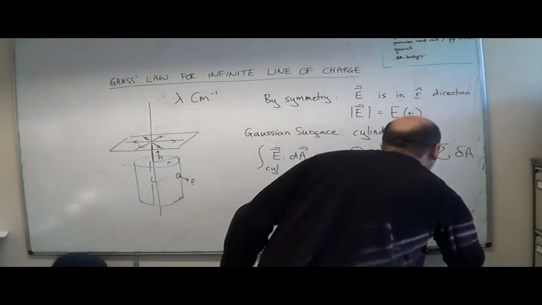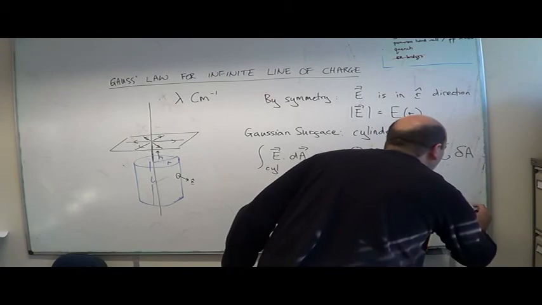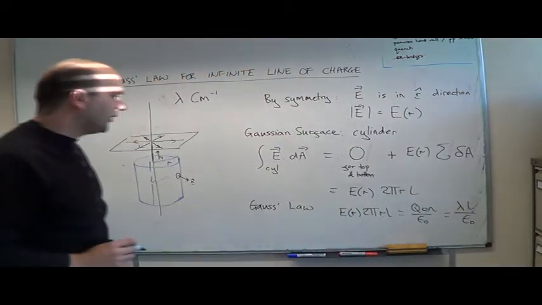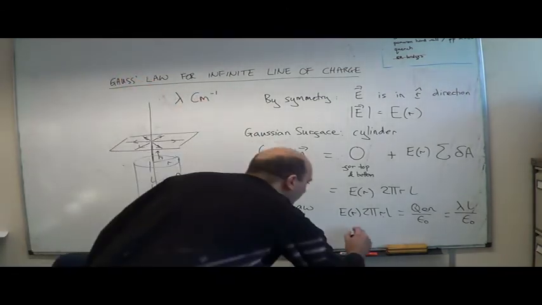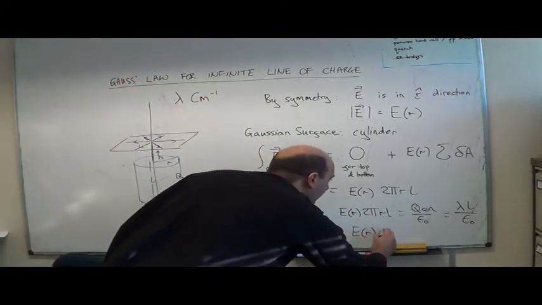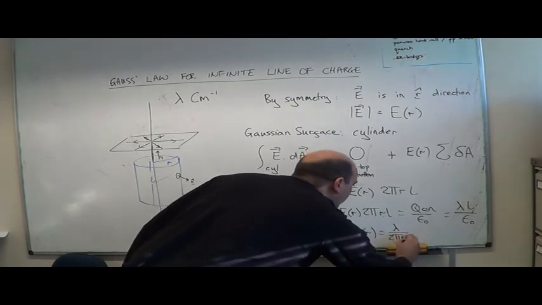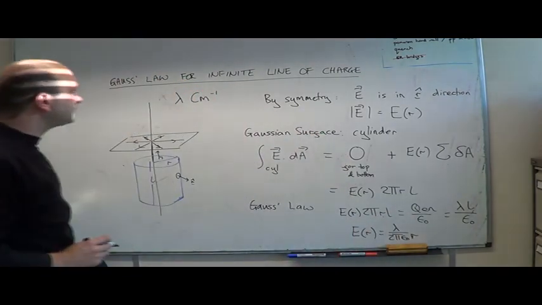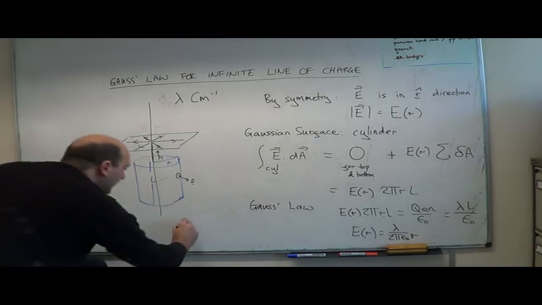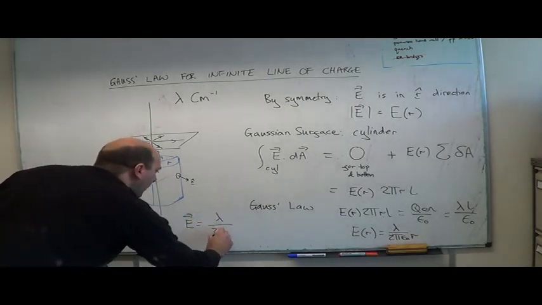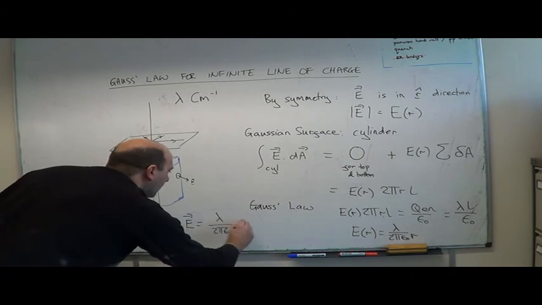So that's going to be given by lambda, the number of coulombs per metre, times the length. And then we divide by epsilon 0. And so we learn that E of r is lambda over 2 pi epsilon naught r. That is to say that the electric field is given by lambda over 2 pi epsilon naught r hat.